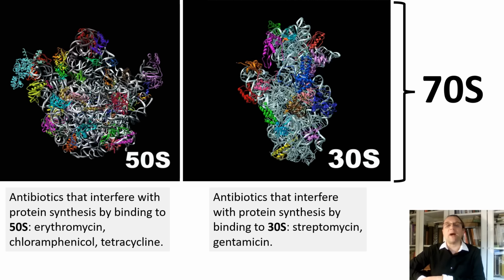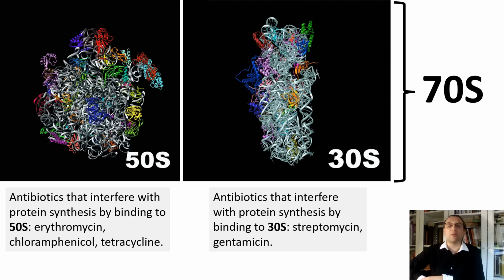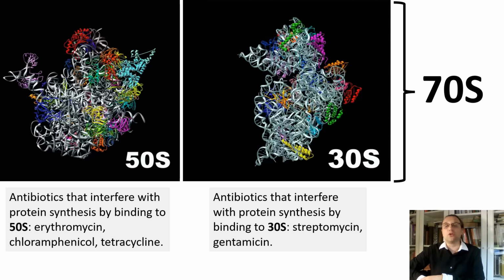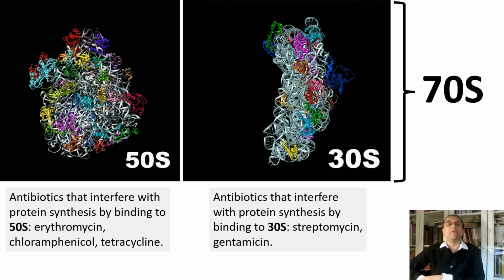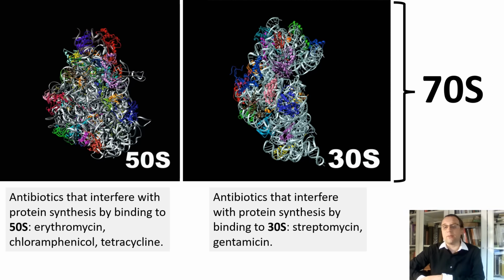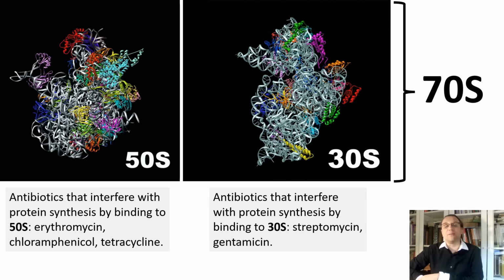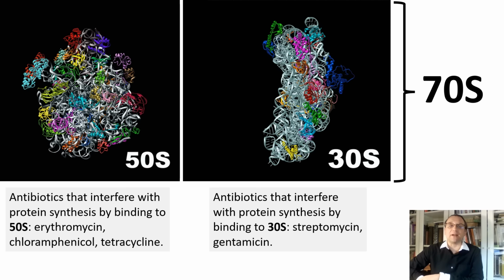The antibiotics bind to ribosomal subunits. When this happens, ribosomes of bacteria cannot produce proteins anymore. If a bacterial cell does not produce proteins, it is unable to live anymore. It dies. The interesting thing is that the antibiotics are specific.